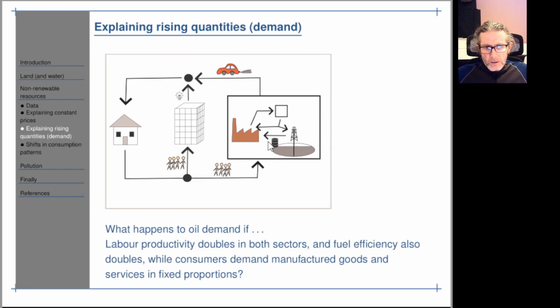Because what happens if labor productivity doubles in both sectors, but fuel efficiency also doubles? Isn't that the case, that we've got hugely more fuel efficient? Like if we had an electricity generation here, and think about the efficiency of electricity generation, it's gone up hugely since like 1900 to the present day, for instance.